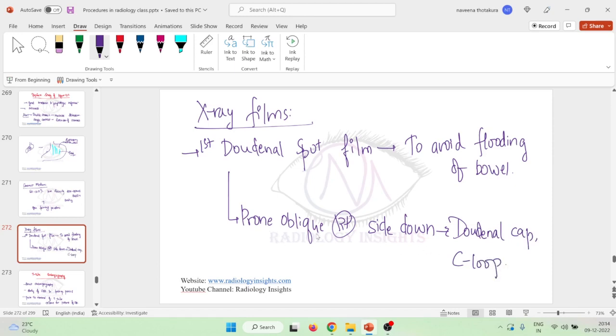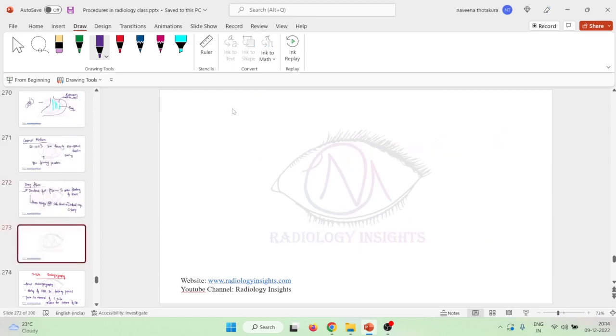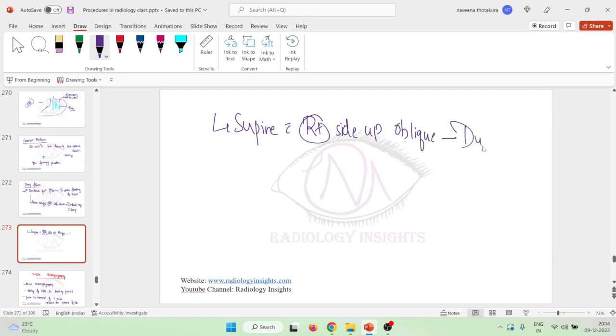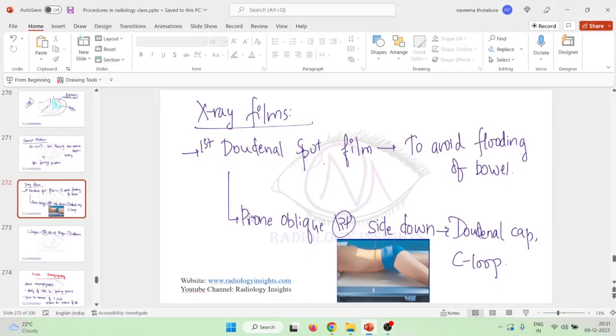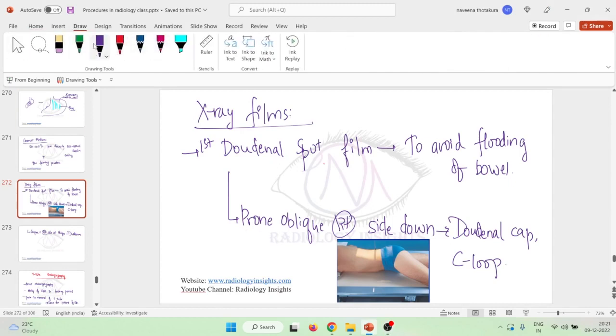Similarly, in supine with right side up oblique, we can see the duodenum.